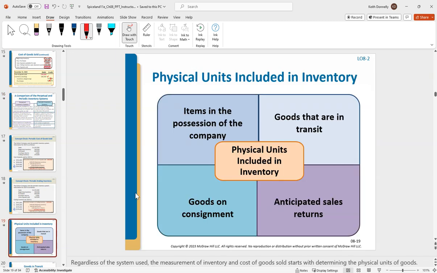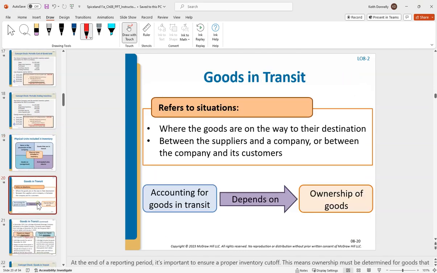All right, next, let's talk a little bit about physical units included in inventory. Whenever we buy inventory, what goes in that account? So the first thing becomes goods in transit. You got to remember, we're looking from the buyer's point of view. We're not the seller here, we're buying inventory in a lot of these situations.